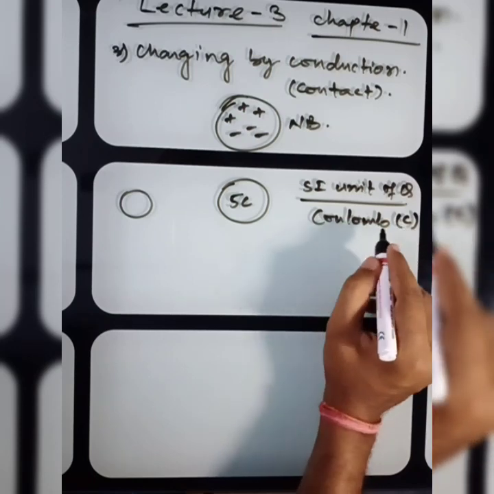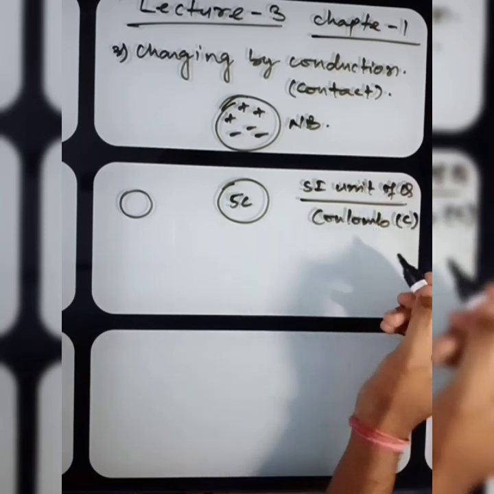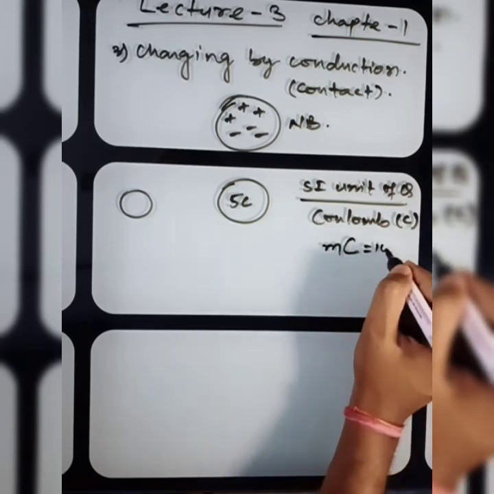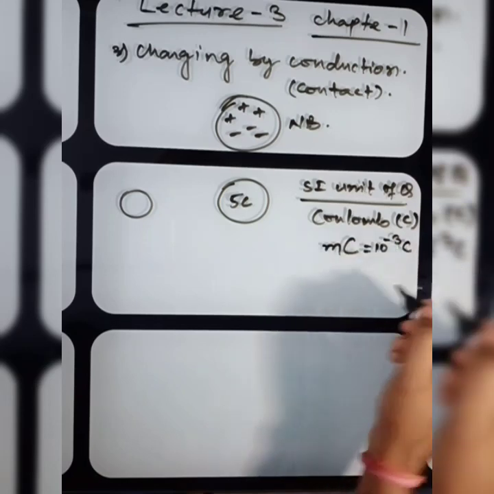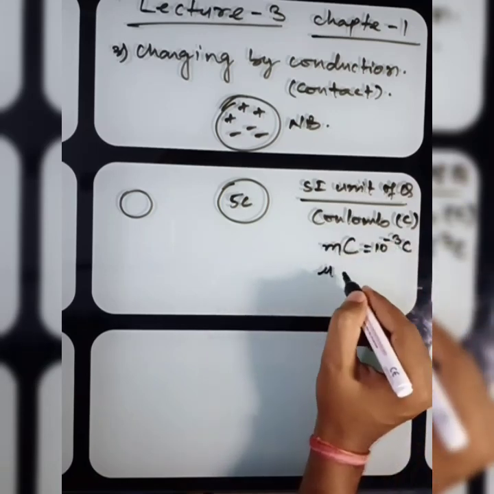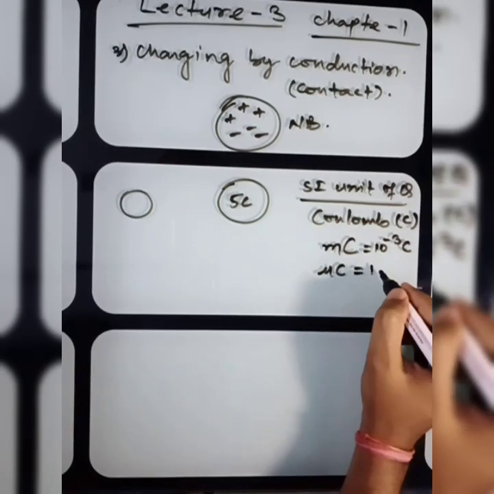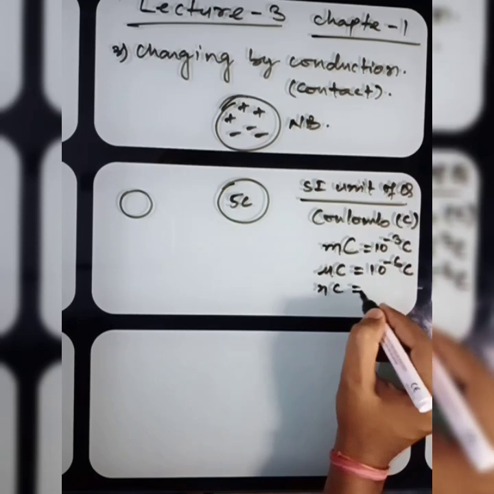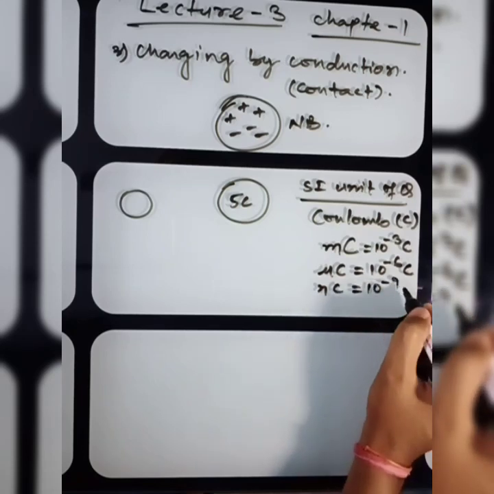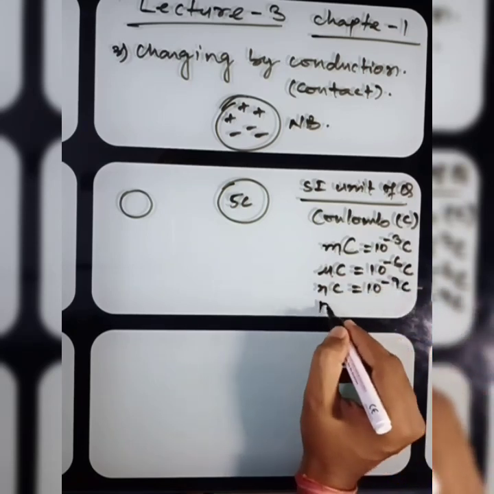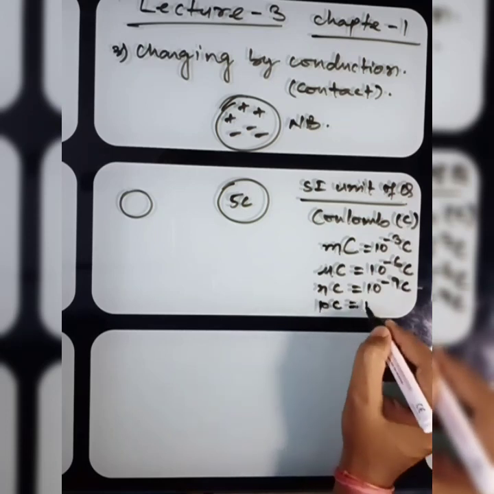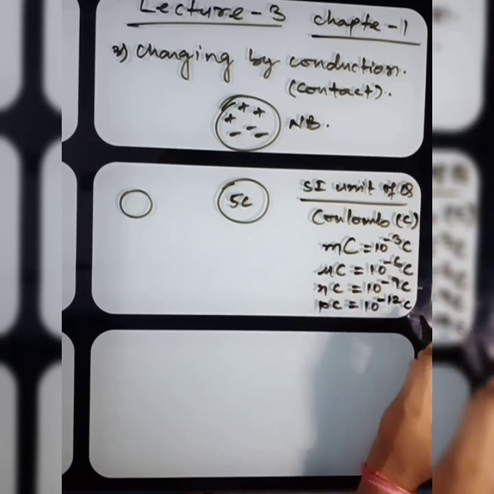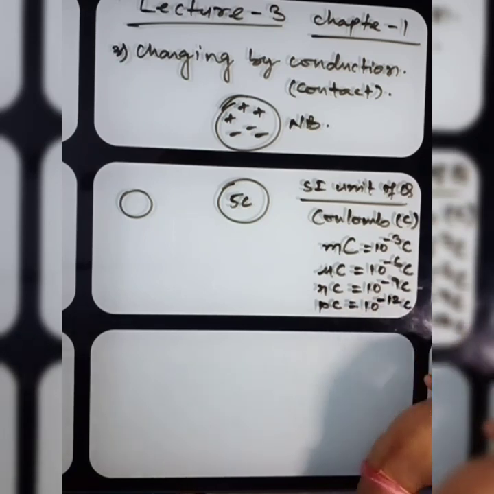So we use this unit with mathematical suffixes like millicoulomb, 10 to the power minus 3 coulomb, microcoulomb, 10 to the power minus 6 coulomb, nanocoulomb, 10 to the power minus 9 coulomb, picocoulomb, 10 to the power minus 12 coulomb, femtocoulomb, 10 to the power minus 15, and so on.